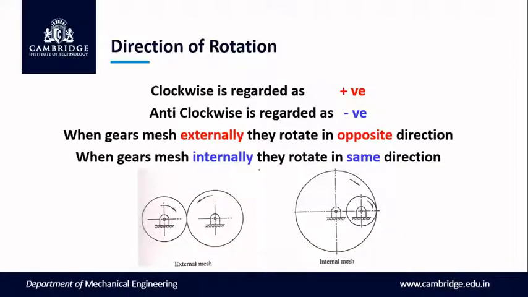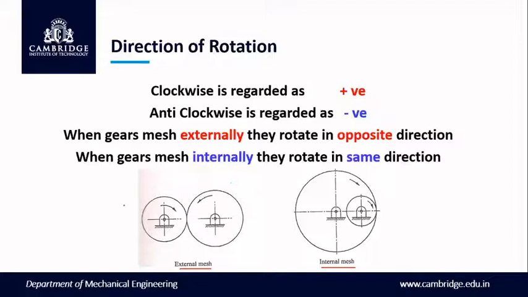Let us consider the direction of rotation. We often consider clockwise as positive and anticlockwise or counterclockwise as negative. At the same time, we consider two types of mesh, that is external mesh and internal mesh. When gears mesh externally, they rotate in opposite directions.